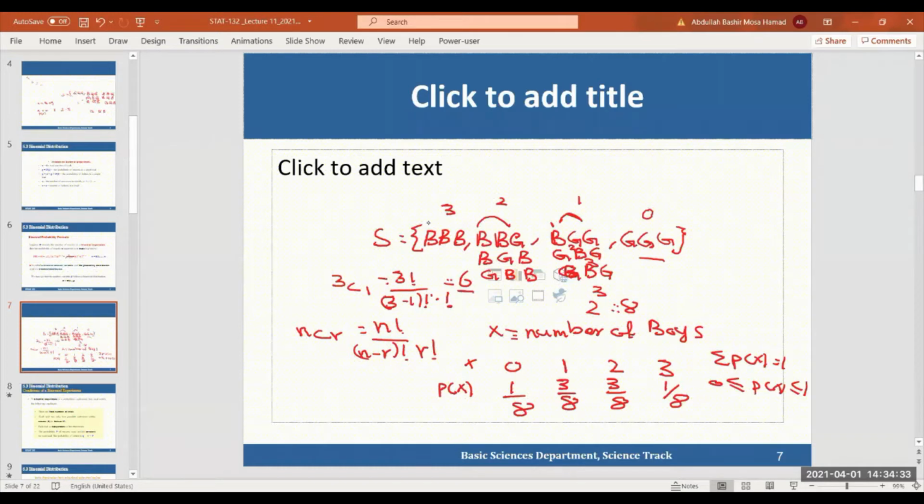Over (3 minus 1) factorial, which is 2 factorial, which is 2 by 1, which is 2. So 6 over 2 is 3. That's why we get this 3.